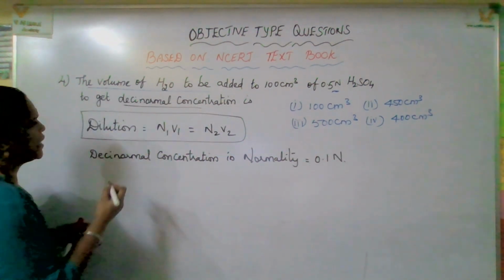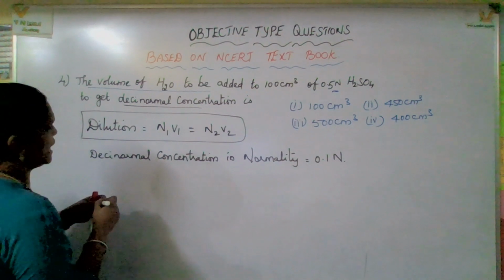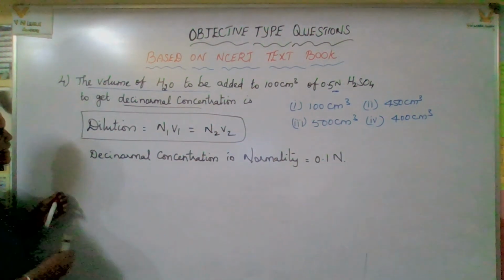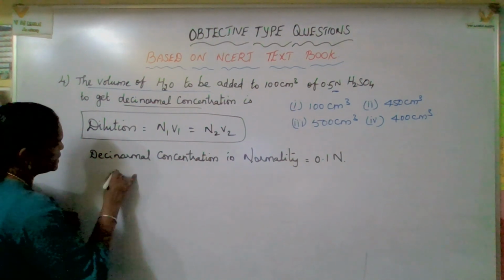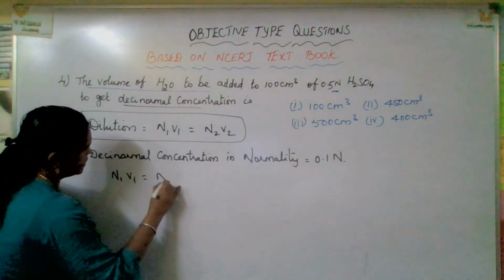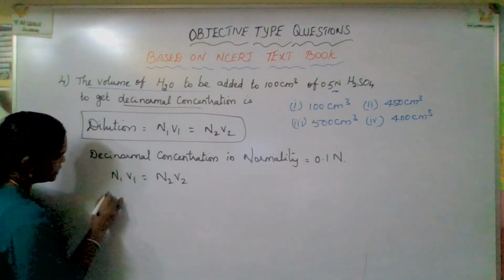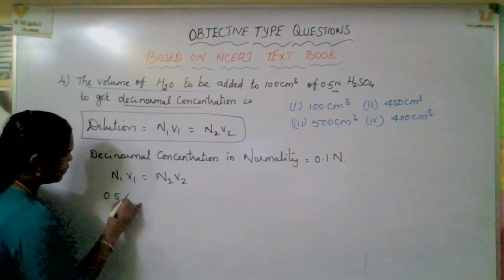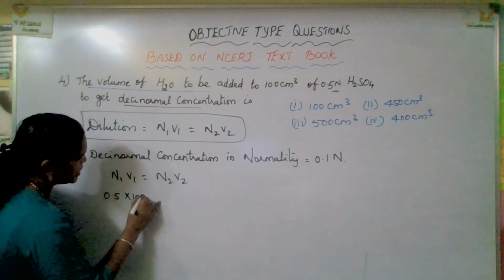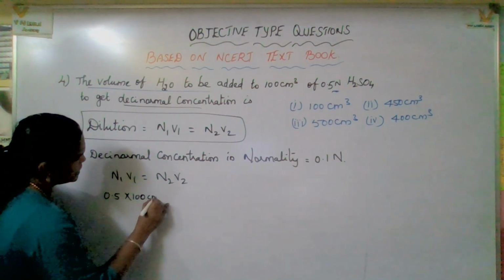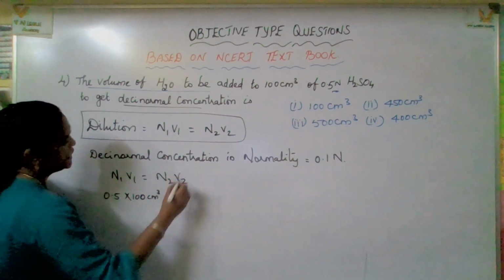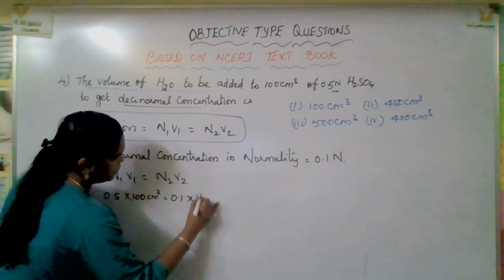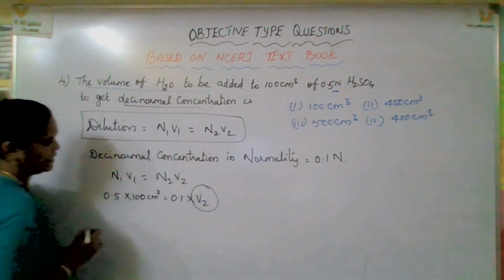Now we have N1V1 and N2V2, and we have to find out V2. Here, N1V1 is equal to N2V2. N1 is 0.5 N, V1 is 100 cm³, N2 is 0.1, the decinormal concentration, and V2 we have to identify.